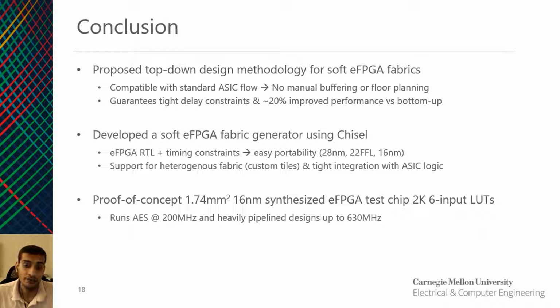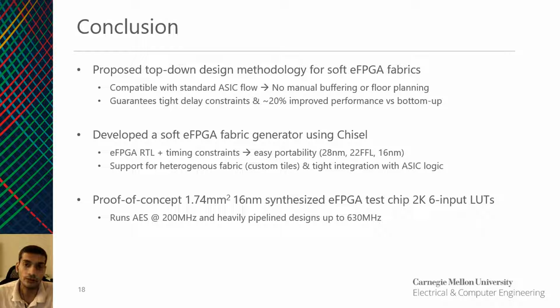We developed a soft eFPGA fabric generator that is capable of generating eFPGA RTL and timing constraints from VPR architecture description. We showed that our design methodology is easily portable by designing fabrics in multiple process nodes. Our generator can also handle heterogeneous fabrics with block RAMs, DSPs, and other custom tiles.